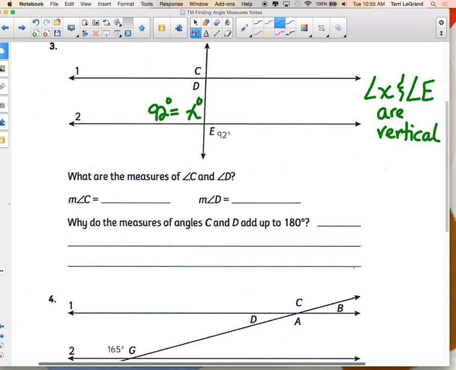What do you think? It's corresponding to C. Yeah, look at here. We have C in that position and our X is in this position. They're both in the same position. So we're going to say that angle X and angle C are corresponding.